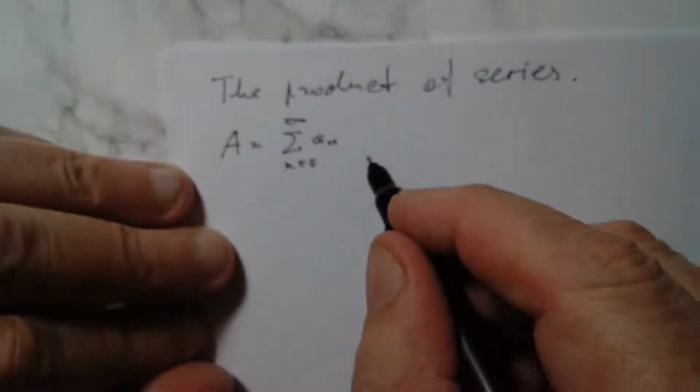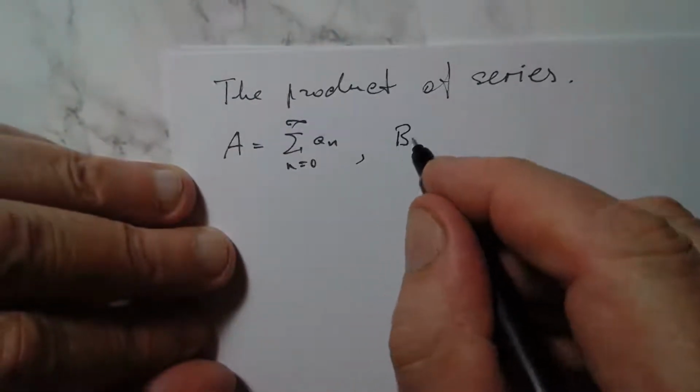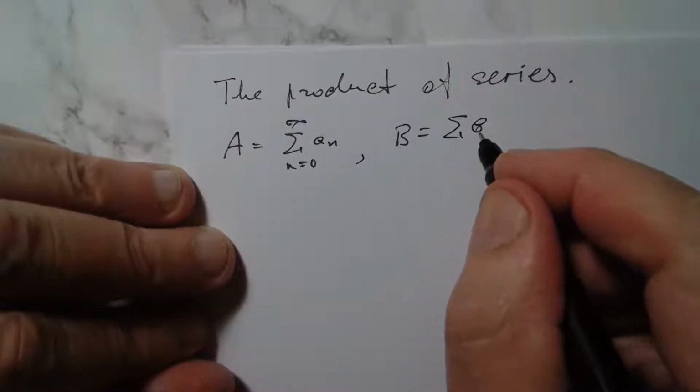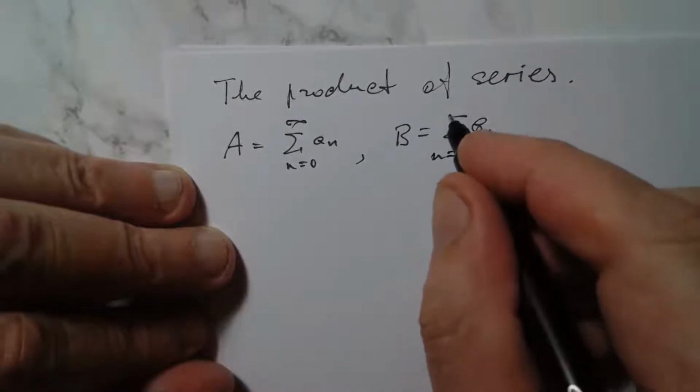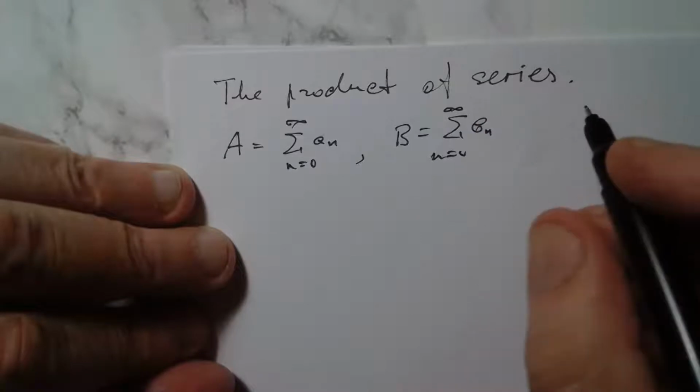I'm going to just remind you that if we have series A, which is the sum of An, n from 0 to infinity, and we have another series B, which is the sum of Bn, n goes from 0 to infinity, then we define the sum of the series.